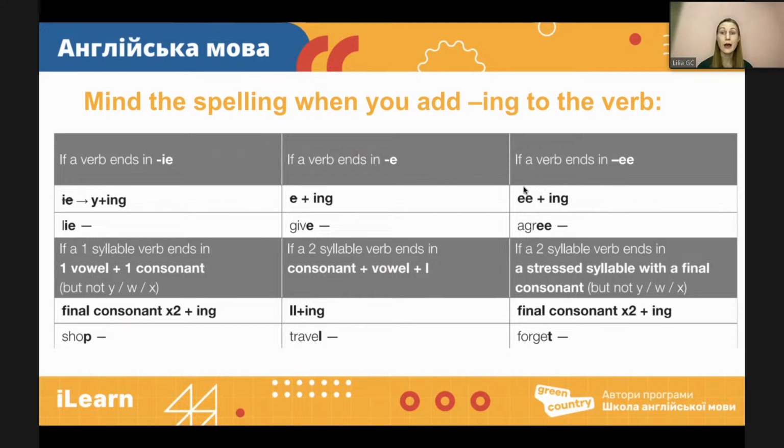And if we have double e, we don't skip it, we leave it where it is and just add ing. So let's try making those words. Lie. How to say that he is lying? So in the comments, please, how to say he's lying? Spell the word lying, please.